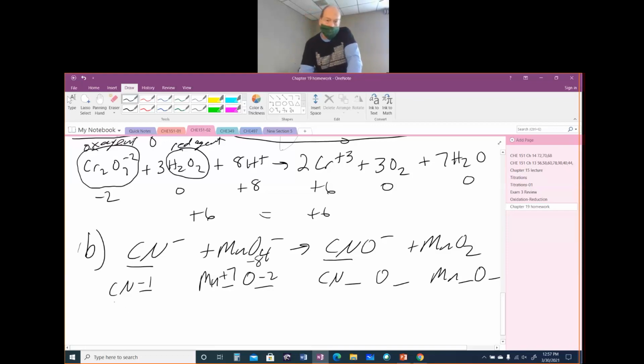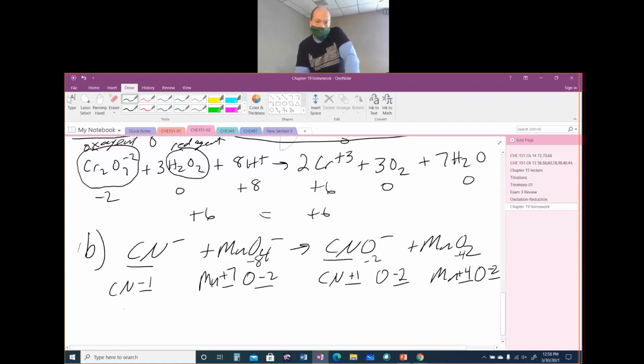I'm going to say that my CN is minus 1 on this side, but I know that my O here is not a peroxide, so this is a minus 2. So now I know that my CN has to be a plus 1. And here your O is minus 2, that's minus 4, so Mn is a plus 4.